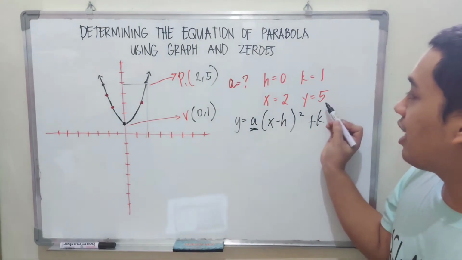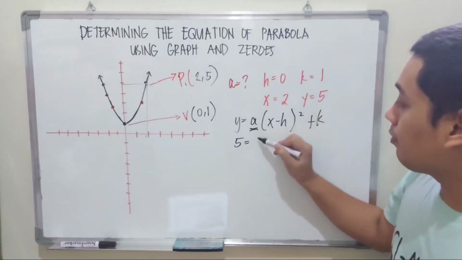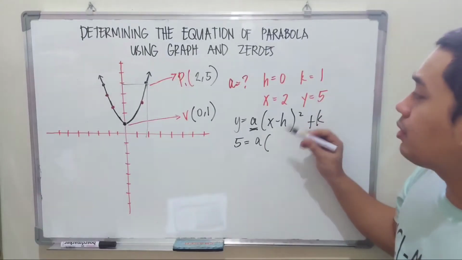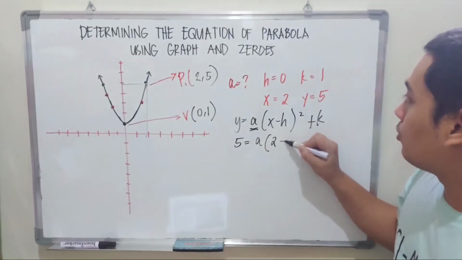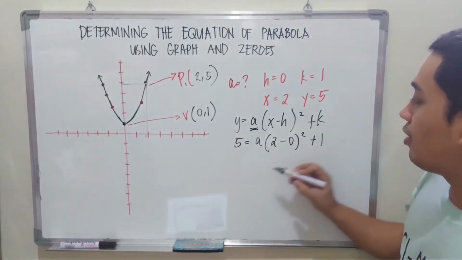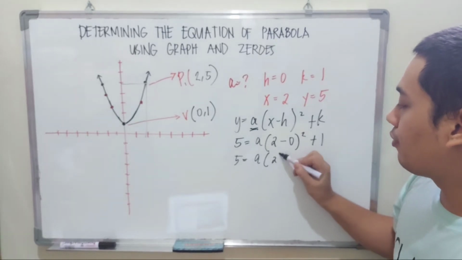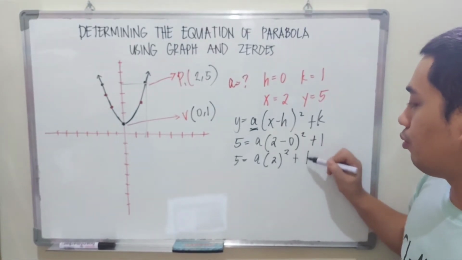So substitute lang natin, y is 5 is equal to, wala pa yung a, times x is 2 minus h 0 squared plus k 1. 5 is equal to a, then we have 2 squared plus 1.